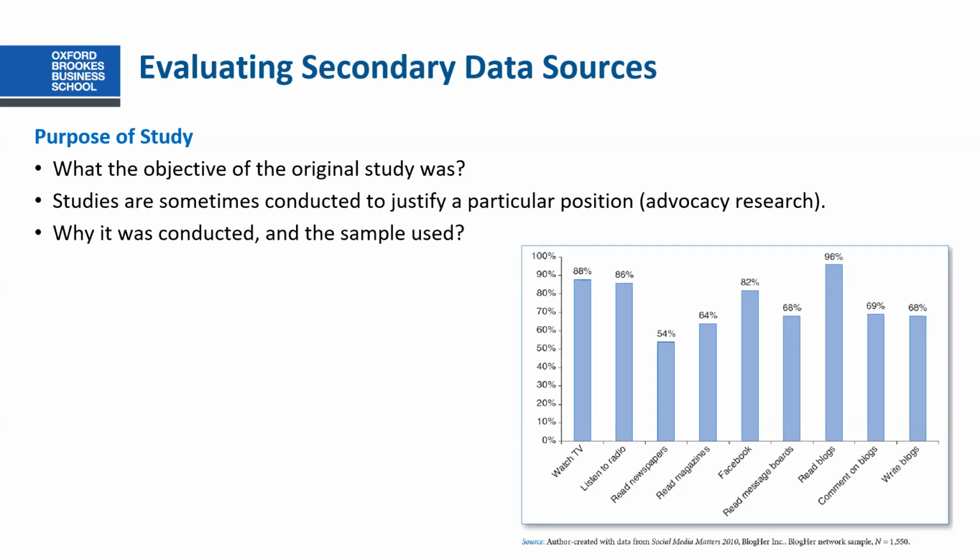Or some studies are sometimes conducted to justify a particular position, and this usually happens in advocacy research. In such cases, the results or findings may be biased, so you couldn't rely on such data. You need to investigate why the study was conducted and what the sample is.